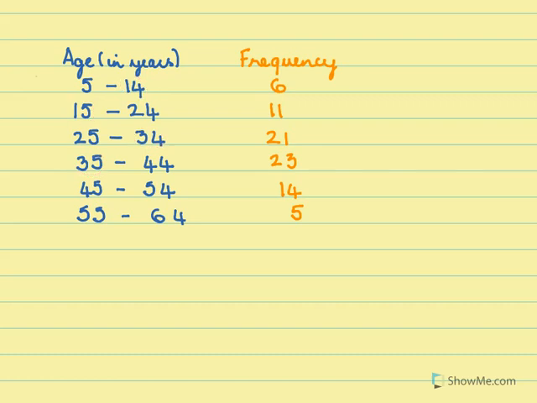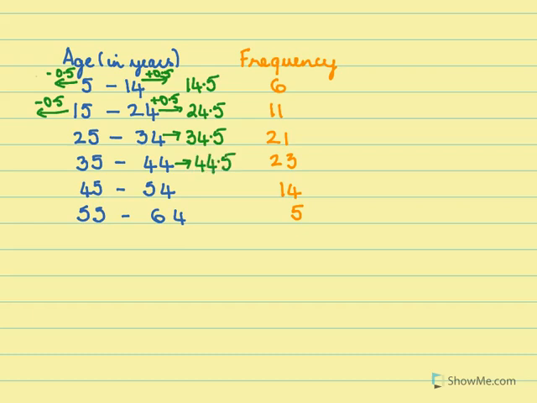So to close this gap, we subtract 0.5 from the lower limit and we add 0.5 to the upper limit for each one. Here we subtract 0.5, on this side we add 0.5. So on subtracting 0.5 we get 14.5. Here we get 24.5. Here add 0.5, so 34.5, add 0.5, 44.5.